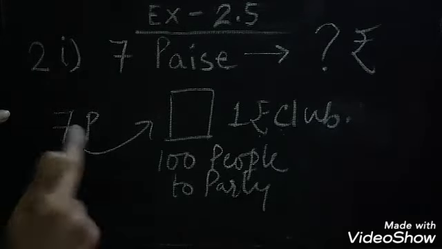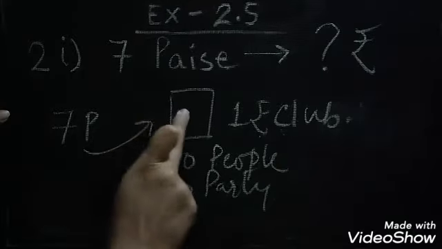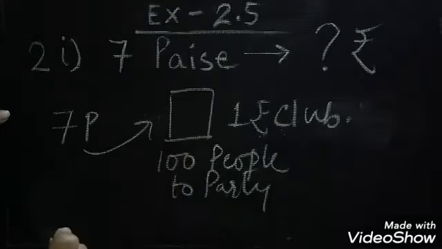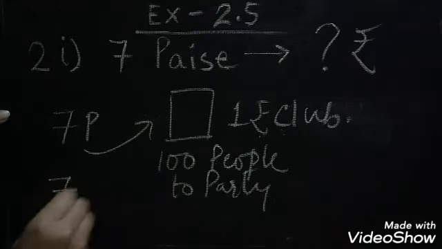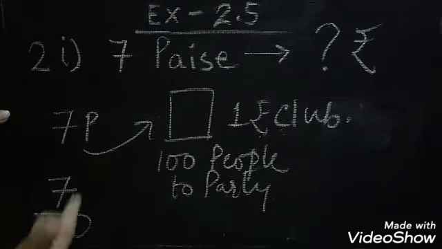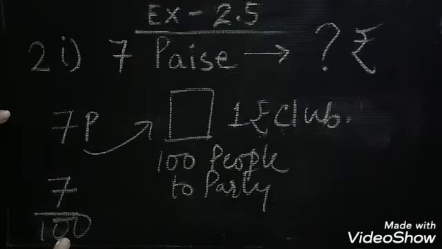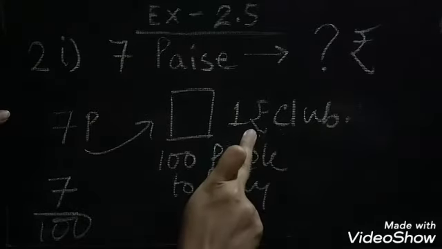Now 7 paise will be thinking that I am the 7th part of 100 such similar parts which will make a rupee. So you get 7 upon 100. This means that 7 equal parts are taken out of 100 equal parts, and these 100 equal parts, which are 100 paise, will make 1 rupee.